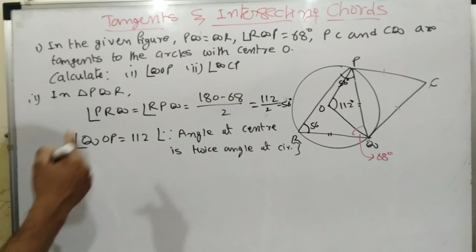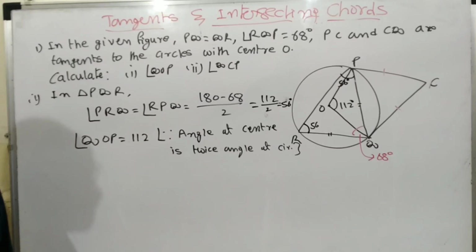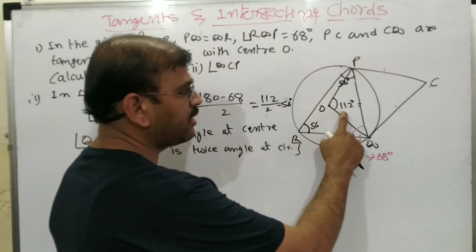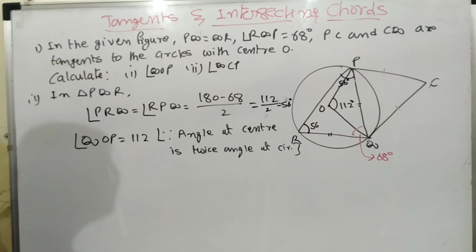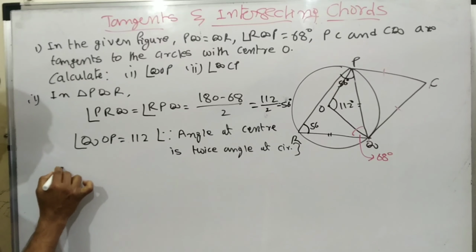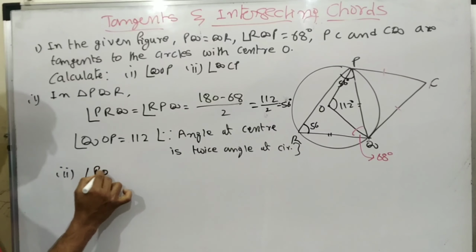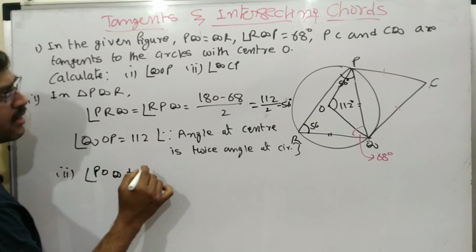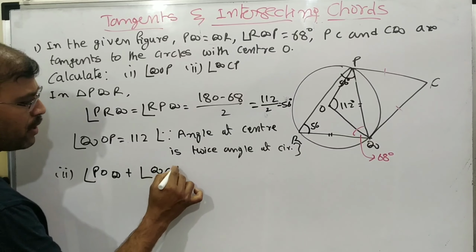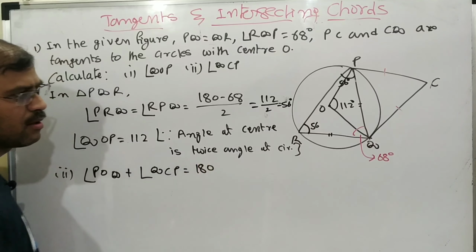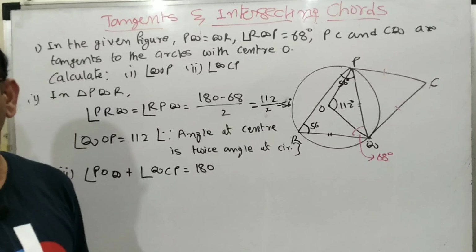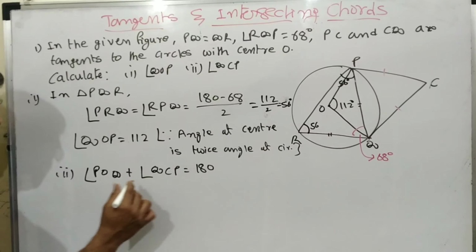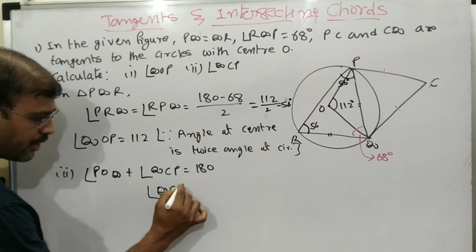In the first video on tangents I have explained that the center angle and exterior angle sum to 180 degrees. According to that, I can consider angle POQ plus angle QCP equal to 180 degrees, because the center angle and exterior angle always form 180 degrees. So we need to find the QCP.